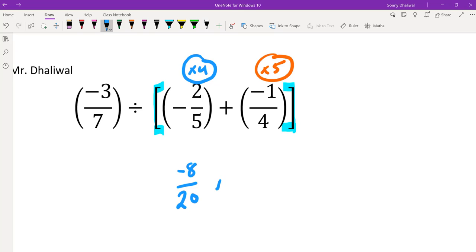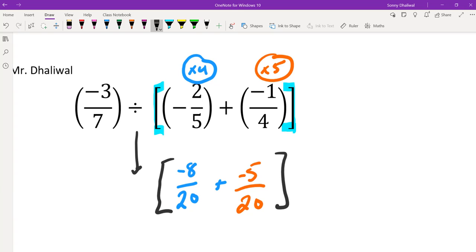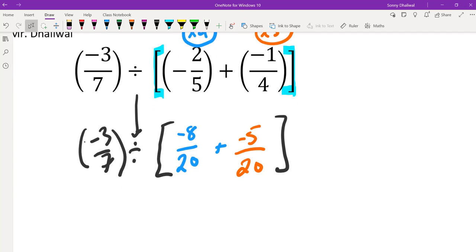And we have our plus sign. And our next fraction, negative 1 times 5 is negative 5. 4 times 5 is 20. We still have these square brackets. We have this division symbol. We have this negative 3 over 7.